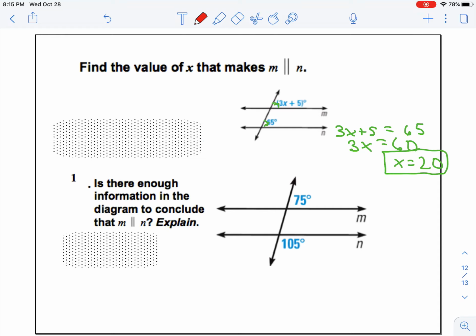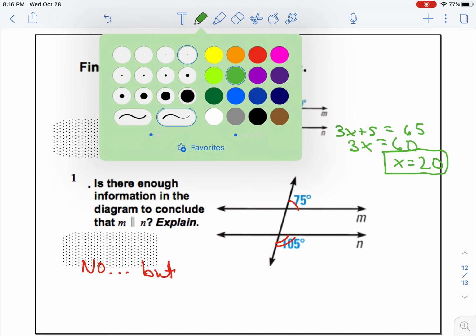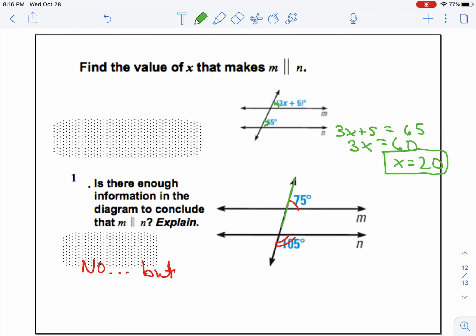Next question asks, is there enough information in the diagram to conclude that the lines are parallel? Well, we are given that this angle is 75 and this angle is 105. Okay, well, we don't have an angle pair relationship for those two. So you might initially say no, but what else do you know? Well, you know that these two angles right here make a linear pair.